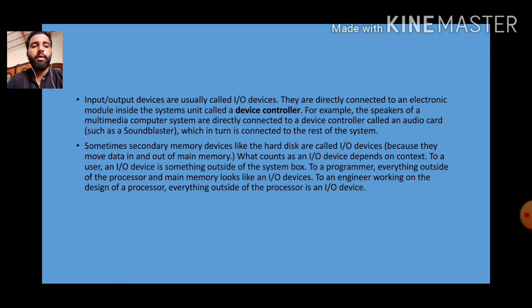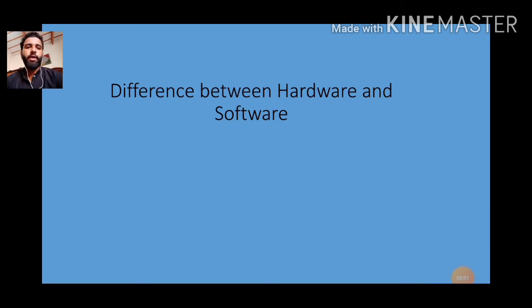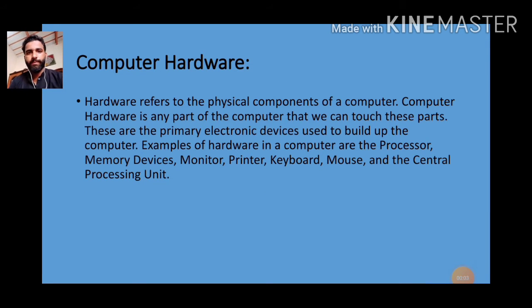To a programmer, everything outside of the processor and main memory looks like an input and output device. To an engineer working on the design of a processor, everything outside of the processor is an input and output device.